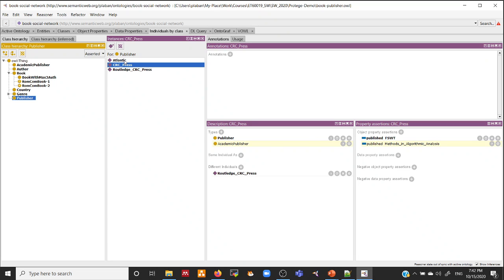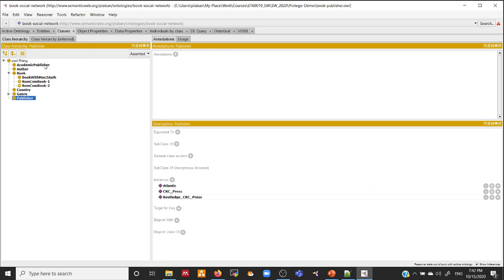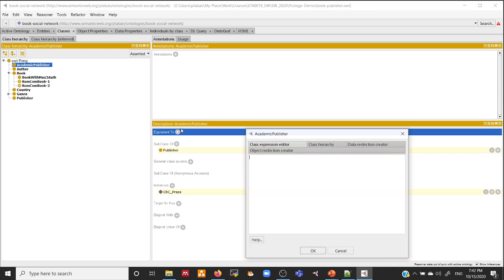With this, let us go to the definition of academic publisher. So the academic publisher is equivalent to publisher and published only has genre only academic.